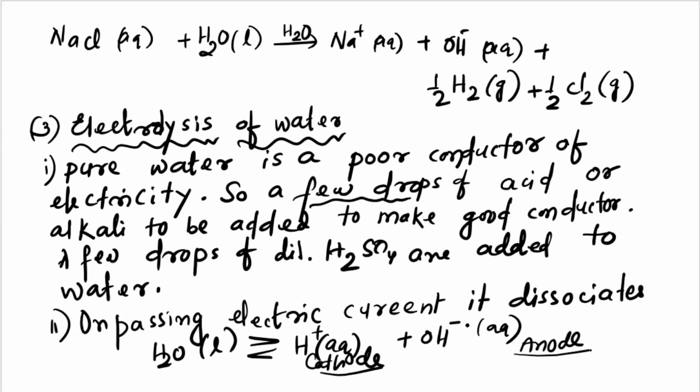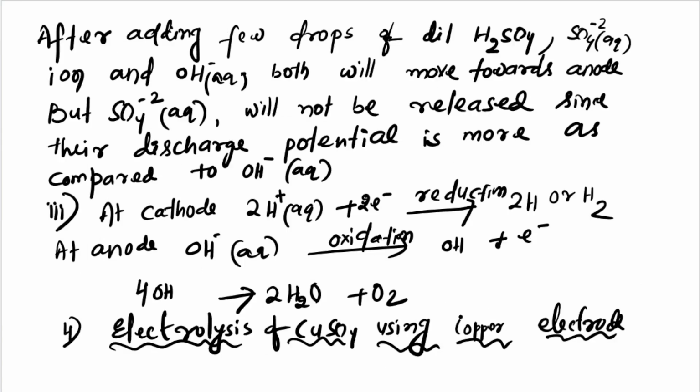After that we will see what happens at the cathode and anode for the reaction, with H plus as the cation and OH minus as the anion. After adding a few drops of dilute sulfuric acid, you are indirectly adding sulfate ion aqueous, along with OH minus aqueous.